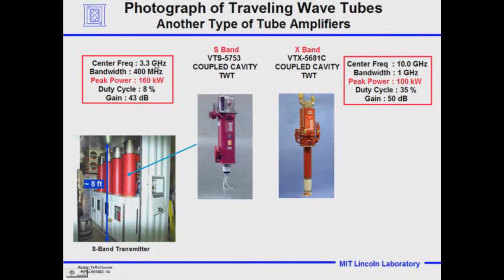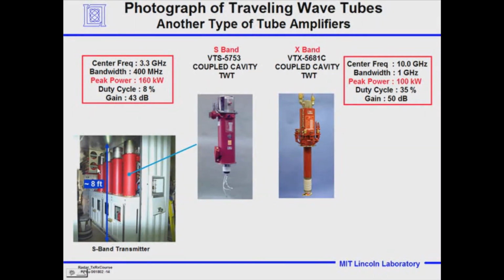Its center frequency is 3.3 gigahertz. S-band, I'll remind you, is a wavelength of 10 centimeters. And it has a bandwidth of 400 megahertz, and it has a peak power output of 160 kilowatts with 8% duty cycle. Again, around 43 dB, about 20,000 is the gain.